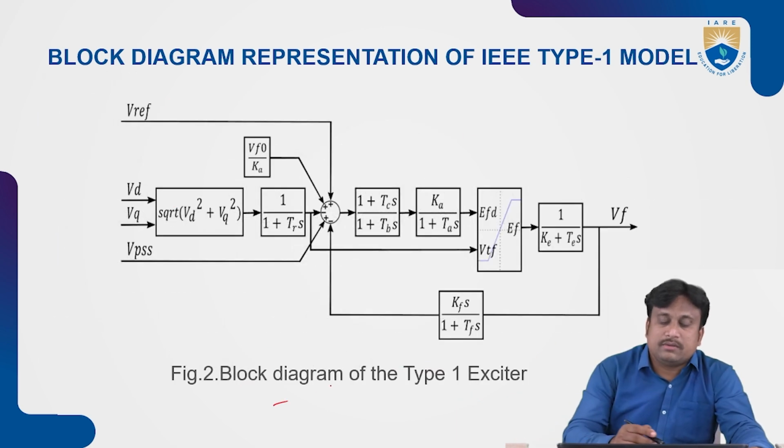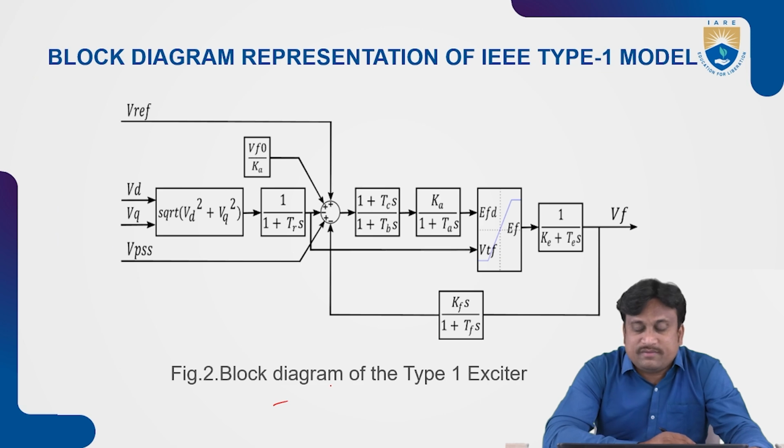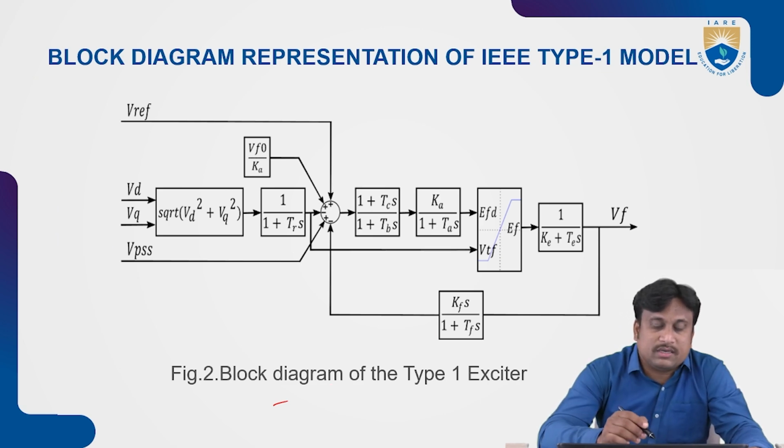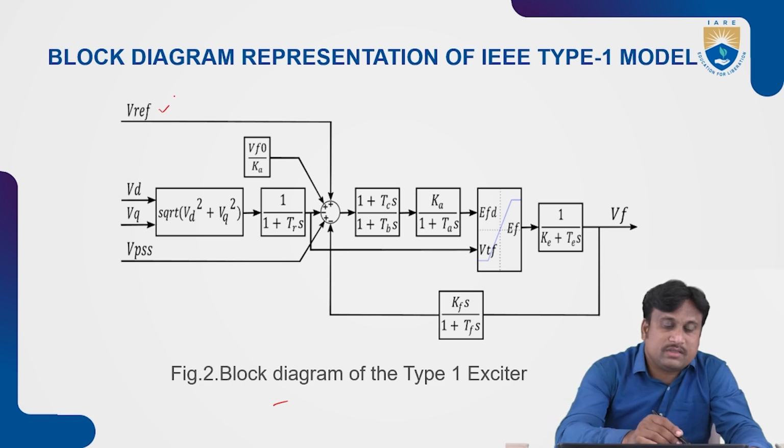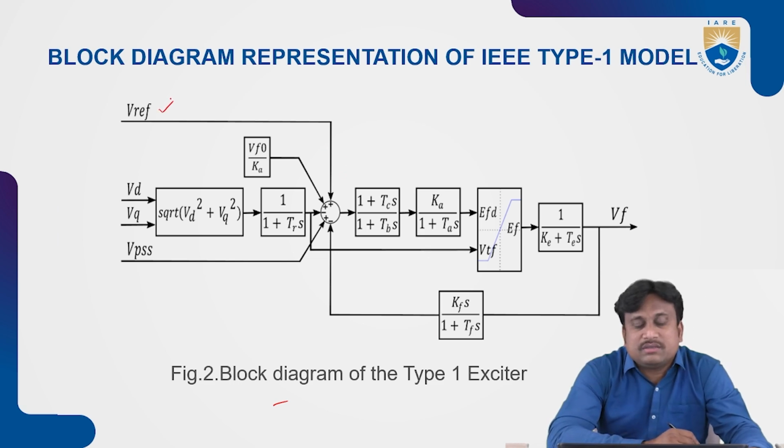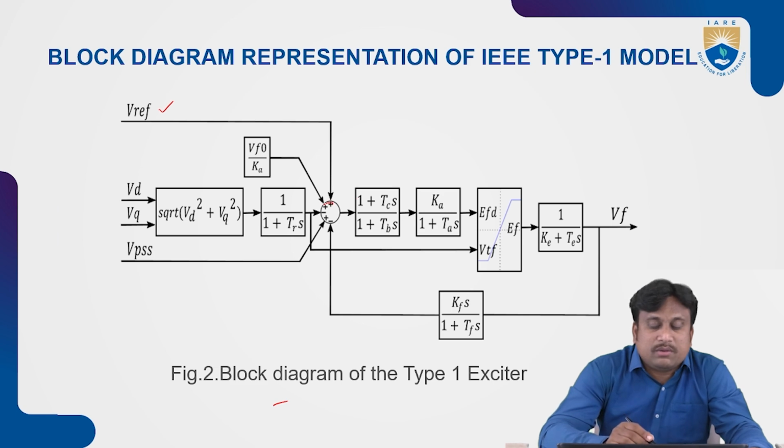So here is the block diagram of the Type 1 exciter. We are considering the various blocks, starting with the reference voltage V reference given to the controlling block. The remaining blocks are associated with Vf naught by Ka, and VPSS is another block connected.